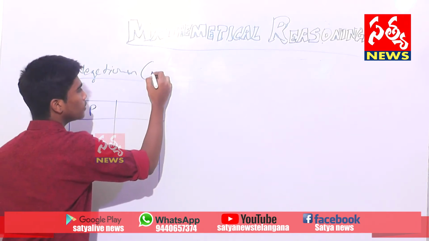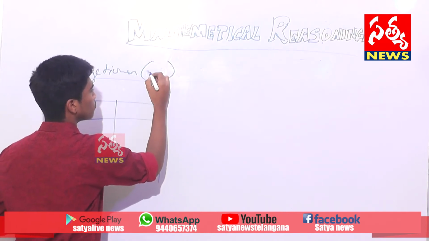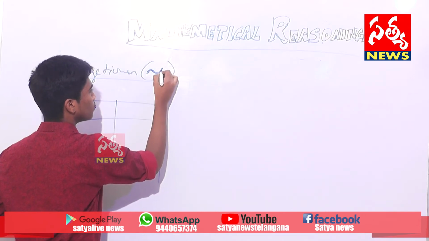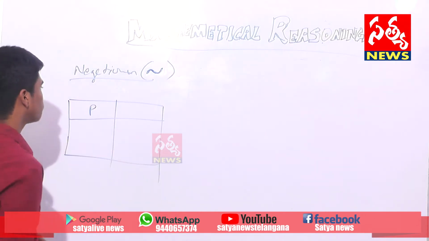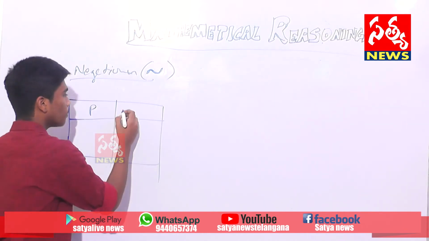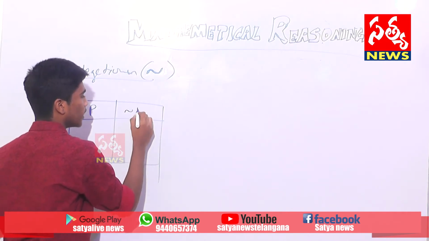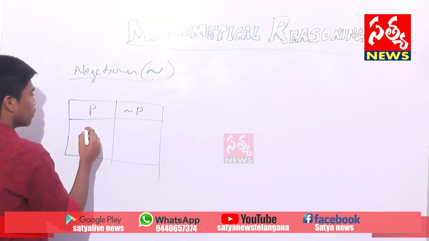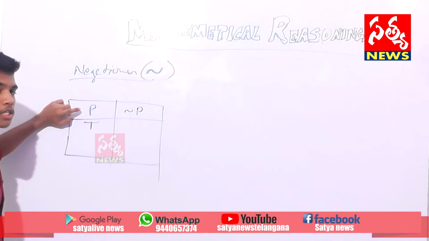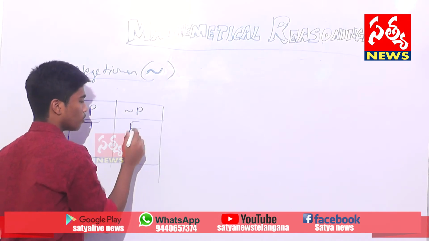The negation symbol is represented like this. Okay, this is a negation symbol. If P is a proposition or a condition, negation P. Let's take the statement P is true, then the negation of P is false.